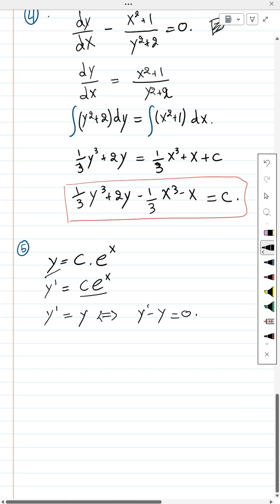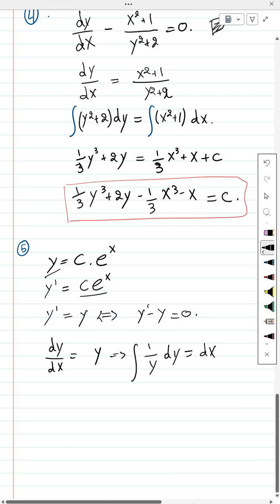To solve this equation, we just need to write dy over dx is equal to y, so by multiplying we will get 1 over y dy is going to be equal to dx.